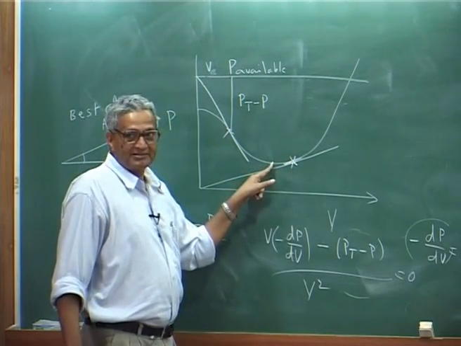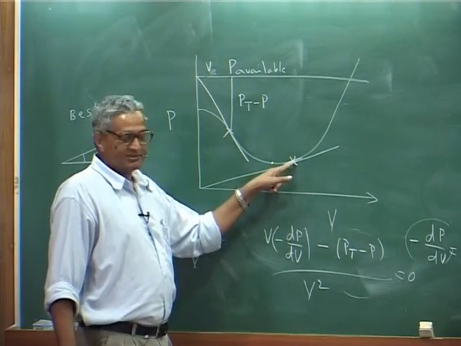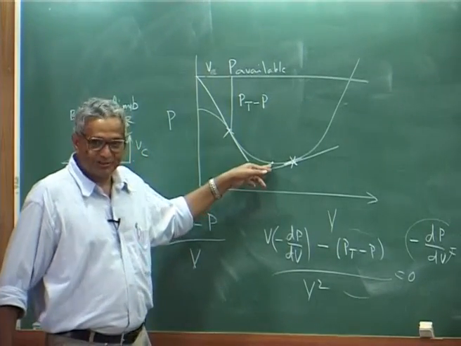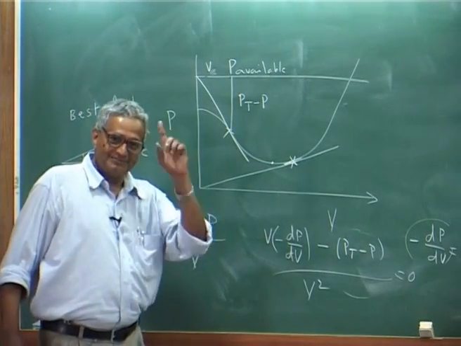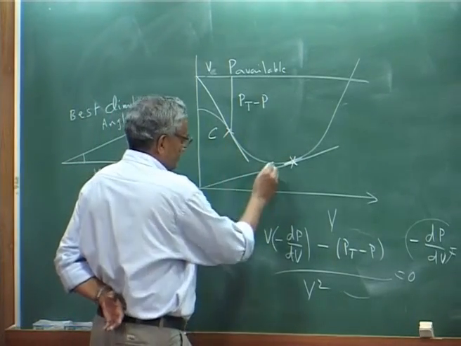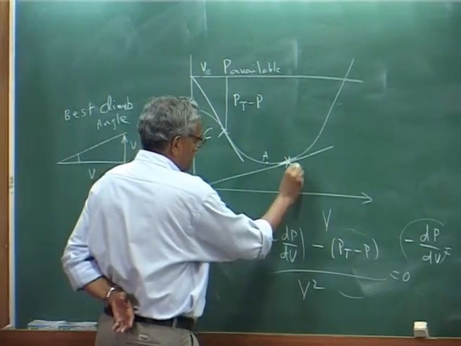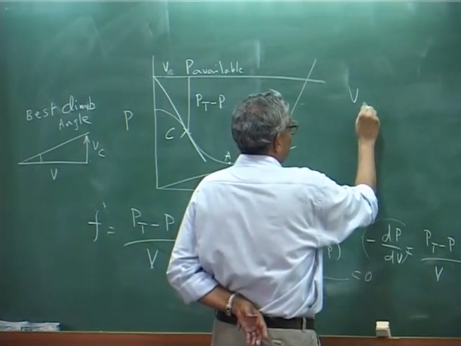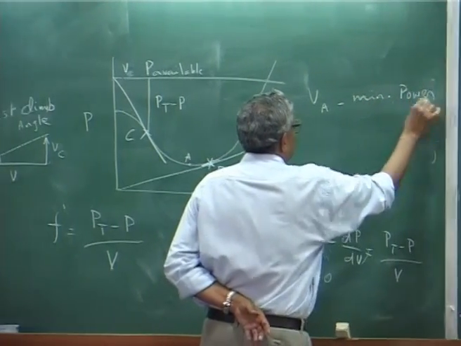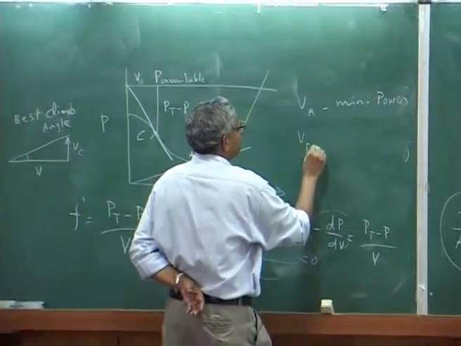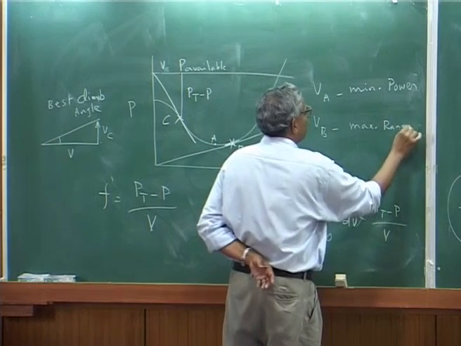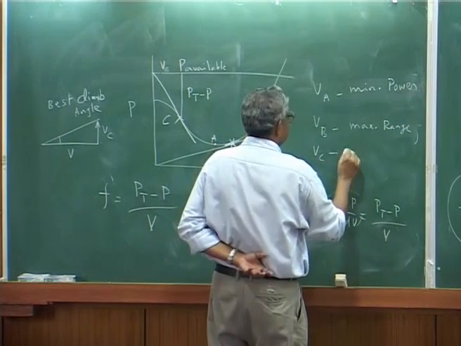this is the minimum power velocity. So at this velocity if you fly, you will cover more distance. If you go this way, you have longer flight time. So you can call it A, B, C. So V A is minimum power, long endurance, this is V B, max range, and V C is the best climb angle.